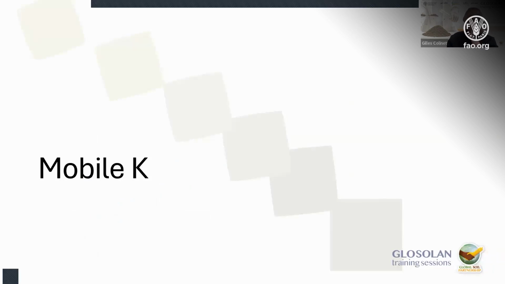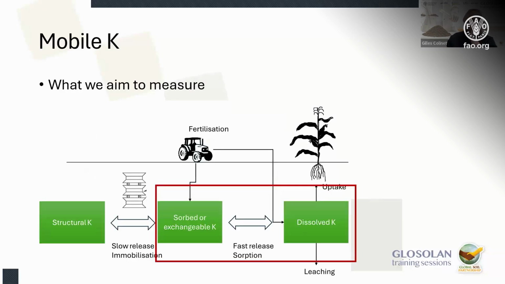Let's go to potassium. It will be relatively faster because things have already been said for some of the parts. There's less novelty to introduce. What we want to measure with the mobile potassium is that again the plant needs to take up from the soil solution.